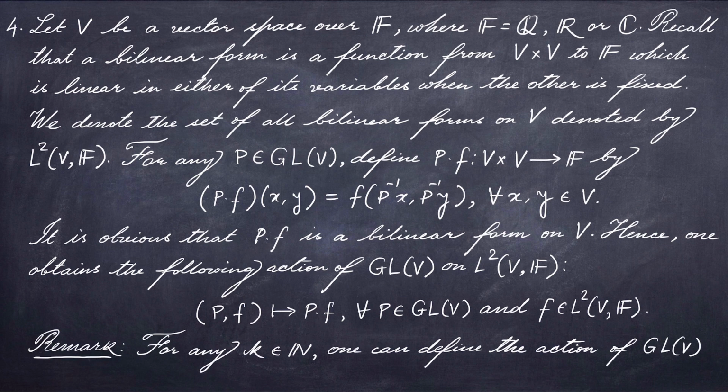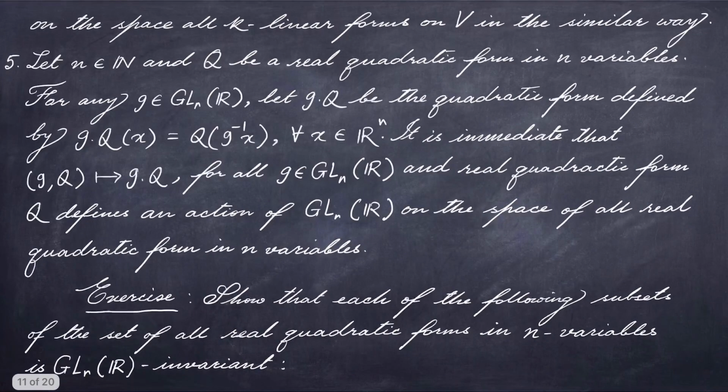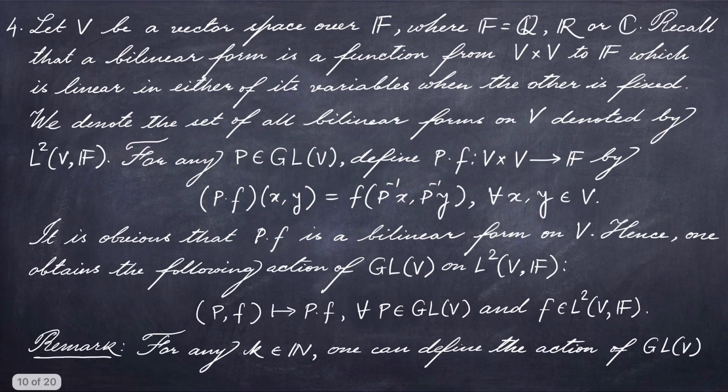Okay. So here I would like to make the following remark, that for any k we can define the action of GL(V) on the space of all k-linear forms on V in exactly a similar way. What I mean is, it's not at all important that there are two components.